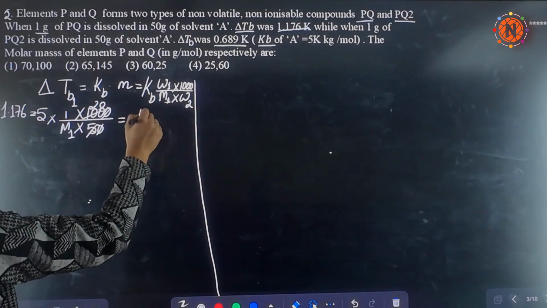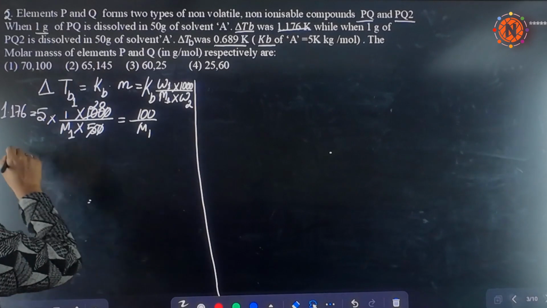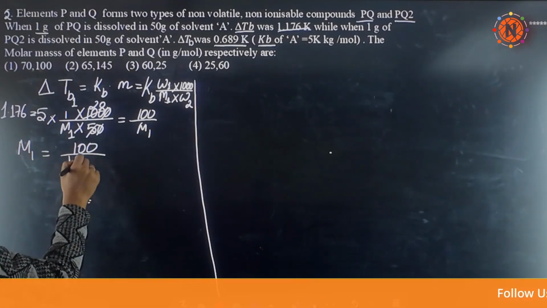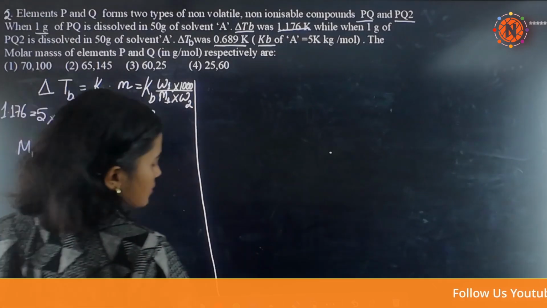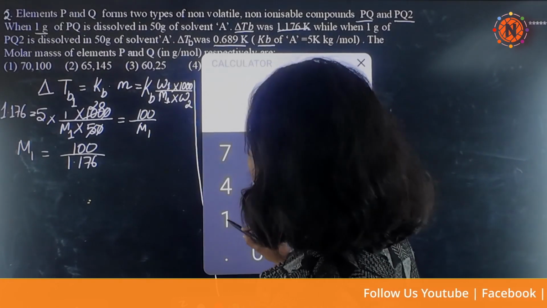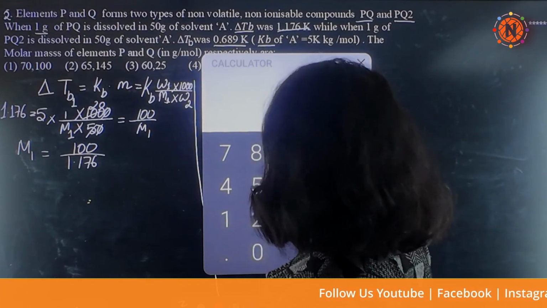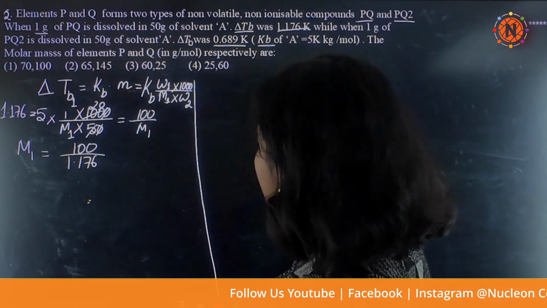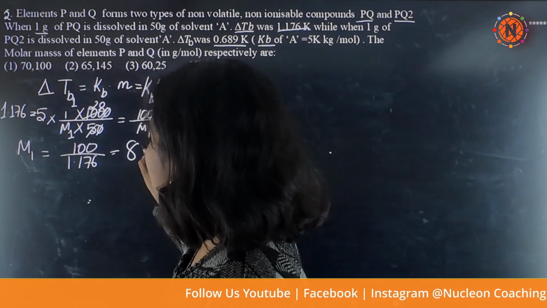So what will be the molar mass? It will be 100 by 1.176. If I use the calculator and find the value, it will show me 85.03.